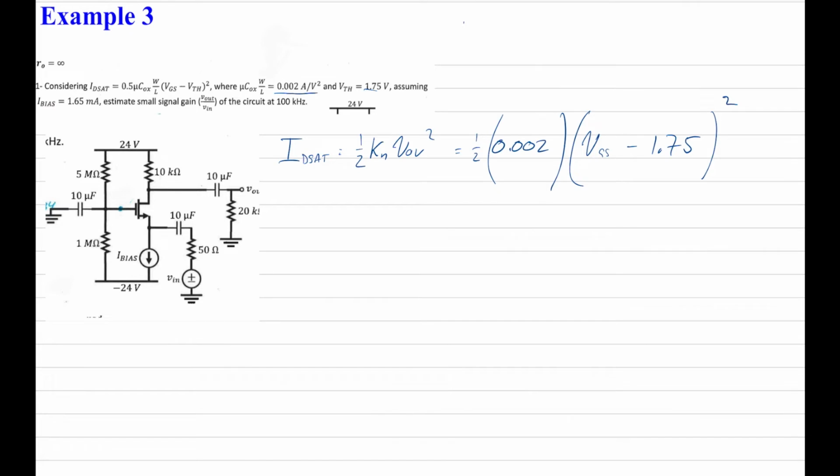So we can actually say that 1.65 times 10 to the minus 3 equals half of this, which is 0.001, times VGS minus 1.75 squared. Okay, so I'm going to take this to the other side, divided by 0.001.